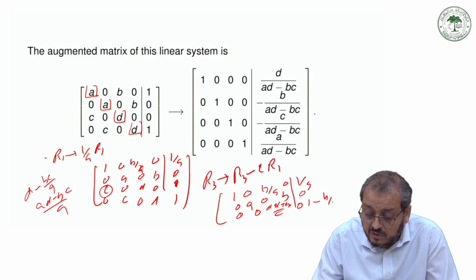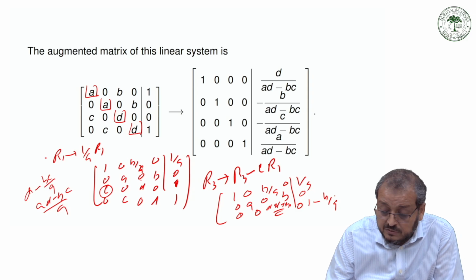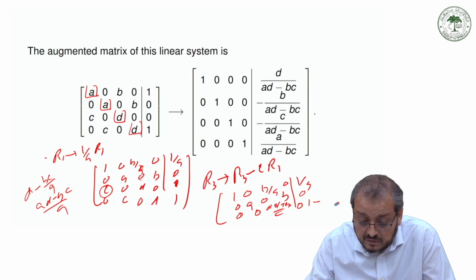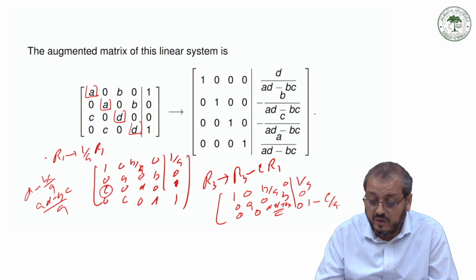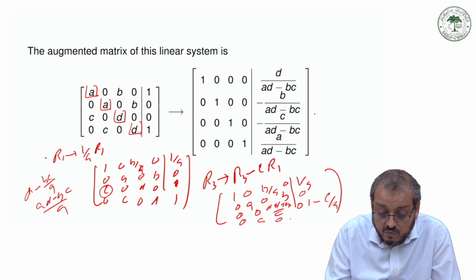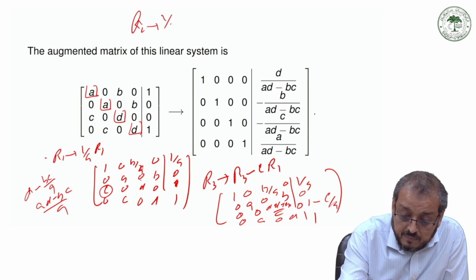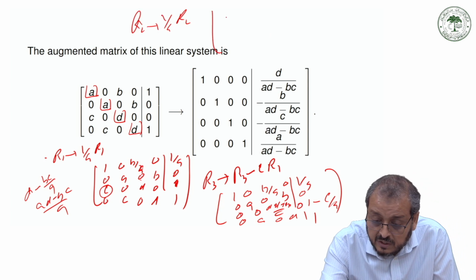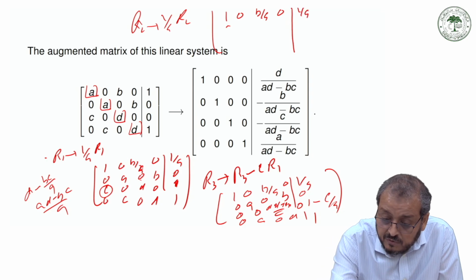Minus b by a, so this is 1 by a. Sorry, this is multiplied by c, so this is nothing but c by a. Okay, now the rest stays the same, 0, c, 0, d, 1, and now the next step is R2 replaced by 1/a R2. So this should be like this: 1, 0, b/a, 0, and you have 1/a. Now the second term is equal to 0.